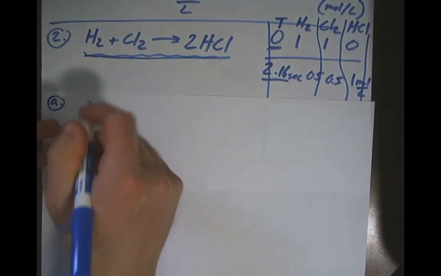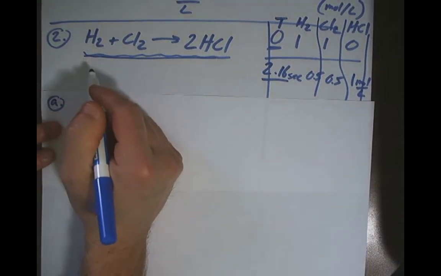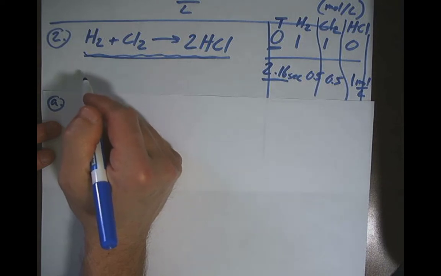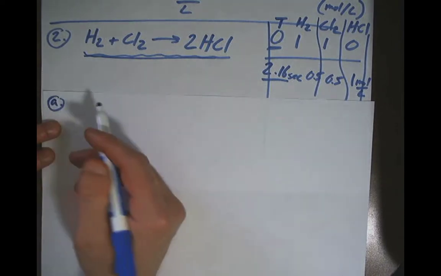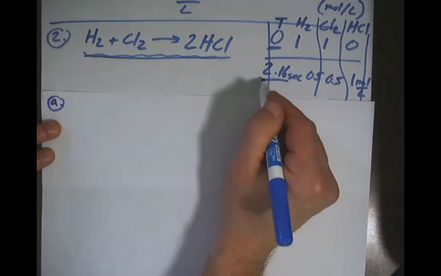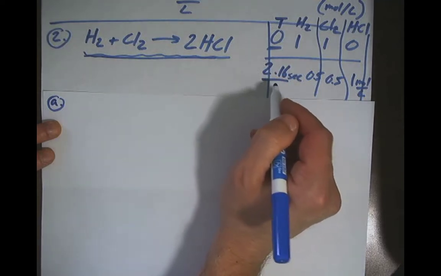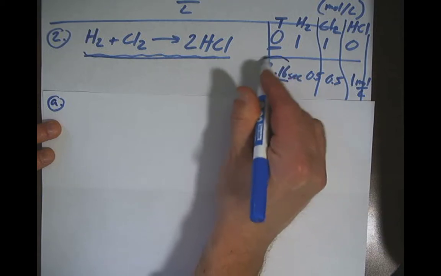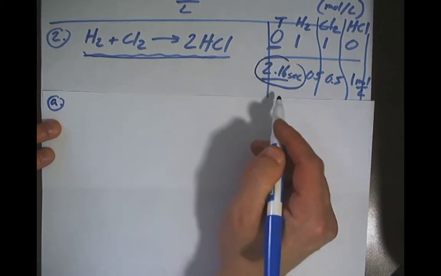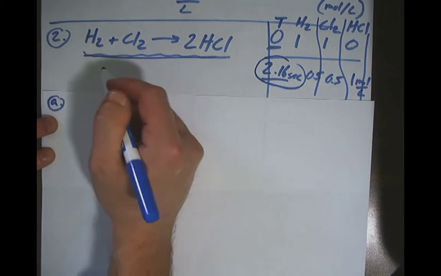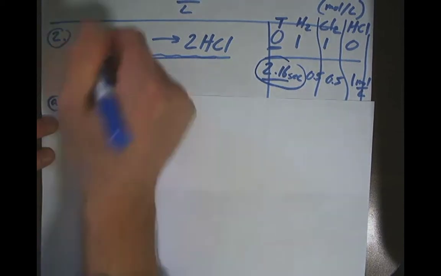It asks us about how quickly is hydrogen gas disappearing in the first 2.16 seconds. That's just an arbitrary amount of time. It could be any amount of time there, but we happen to be looking at 2.16 seconds. How fast is hydrogen disappearing?